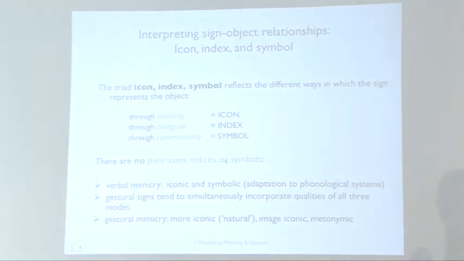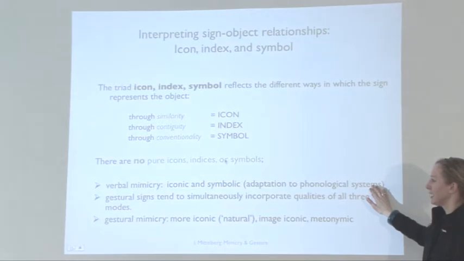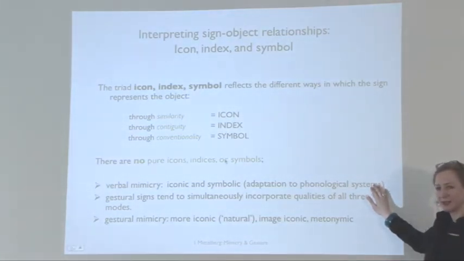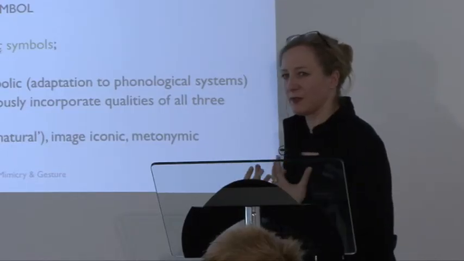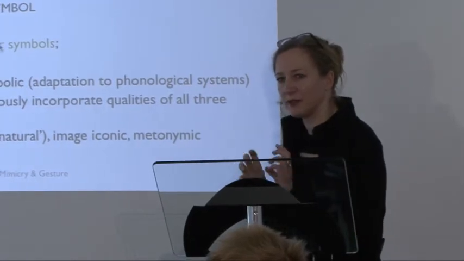And I would like to point out that verbal mimicry is highly symbolic because you have a linguistic system. That means when I say sizzle or zischen, these sounds that imitate what they are referring to need to fit into the phonological system of a specific language. You know? So there is some transformation and adaptation within the system.